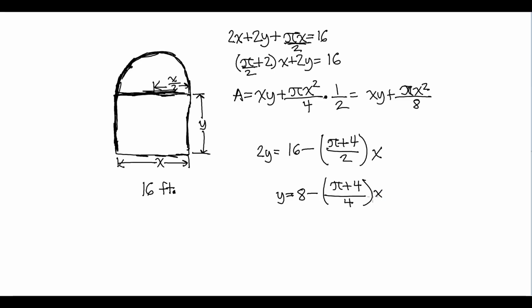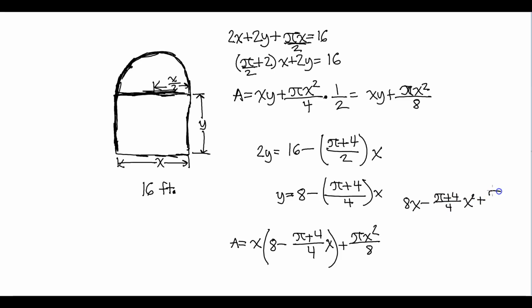Now let's substitute this into here. So we have area equals x times 8 minus pi plus 4 over 4 x, plus pi x squared over 8. So we have 8x minus pi plus 4 over 4 x squared plus pi x squared over 8.